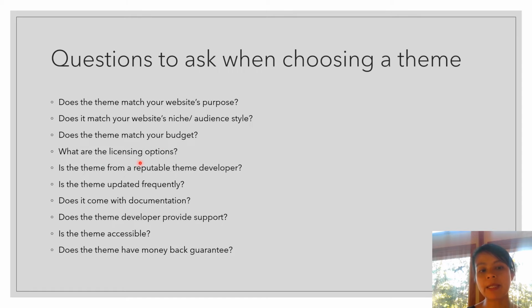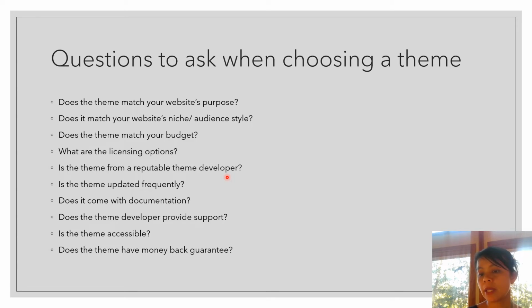What are the licensing options? If you were to purchase or not purchase one, what are you allowed to do with that version of the theme? Is the theme from a reputable theme developer? You might remember from a few classes back where we talked about some of the security risks to WordPress sites. It comes from plugins and themes that are developed by other developers that might not be so safe to use.